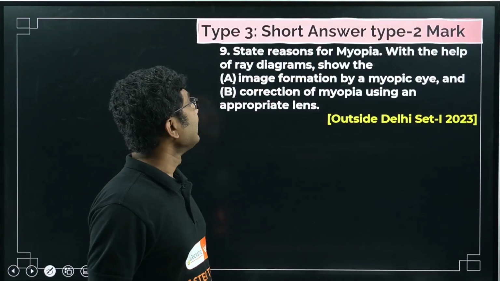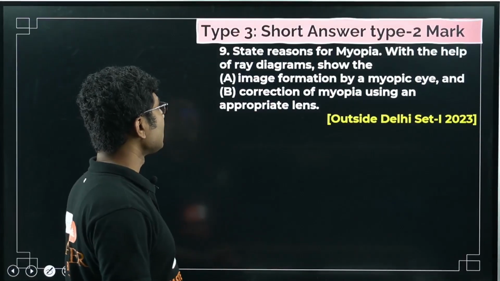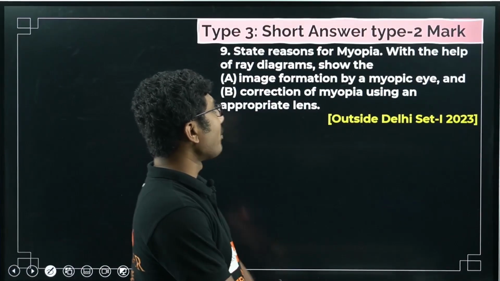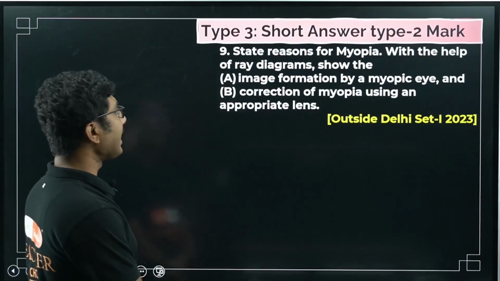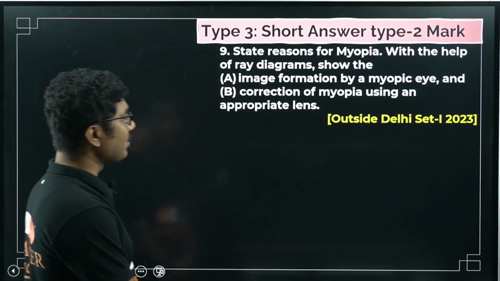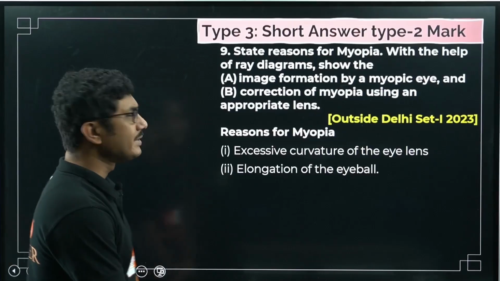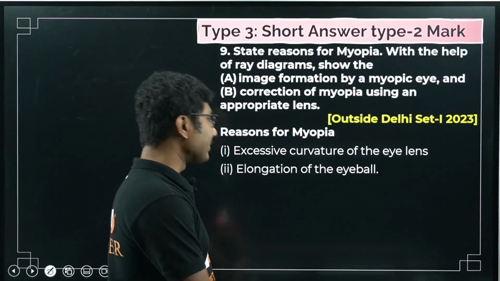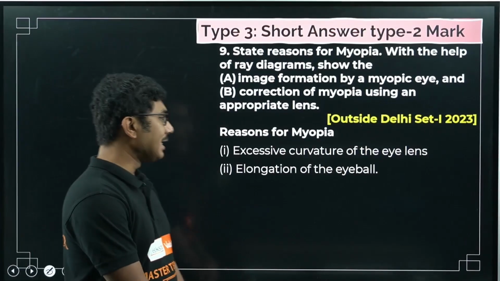Now let's look into the objective type questions. State the reasons for myopia. With the help of a ray diagram, show the image formation by a myopic eye and correction of myopia using an appropriate lens. The reasons for myopia are excessive curvature of the eye lens and elongation of the eyeball.